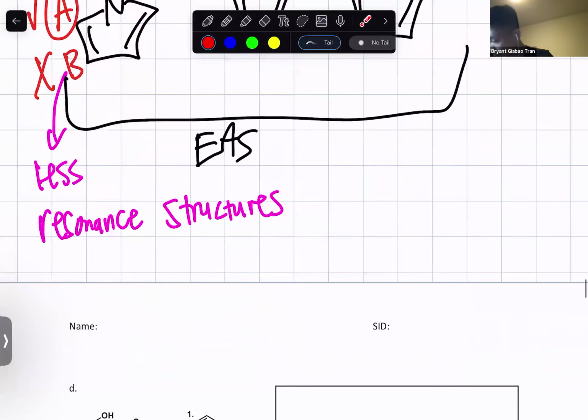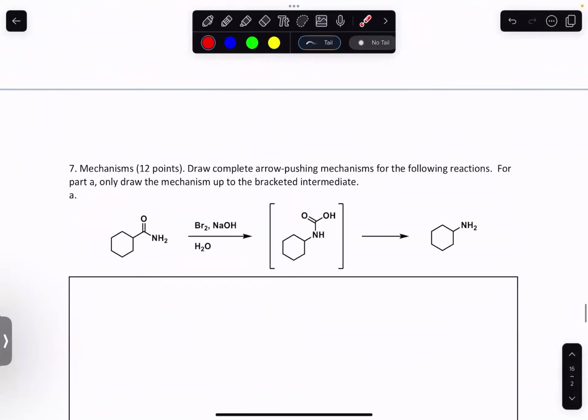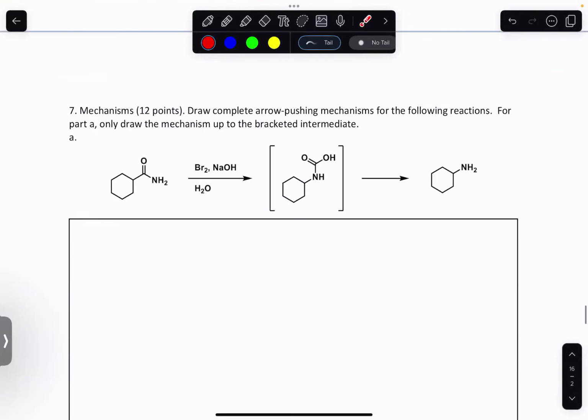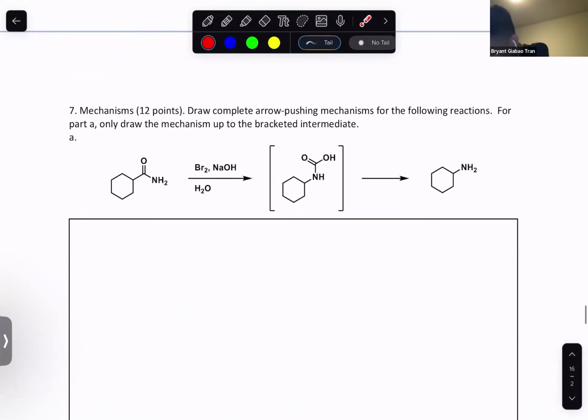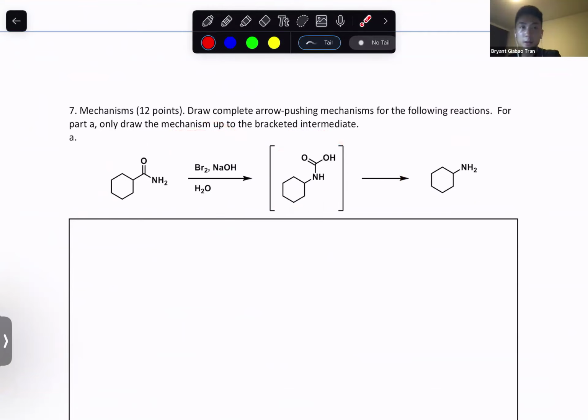Okay, section B, question 4, 7A. Draw complete arrow pushing mechanisms for the following reactions. For part A, only draw the mechanism up to the bracketed intermediate. So we want to draw the mechanism from here to this bracketed intermediate only, and not to here.